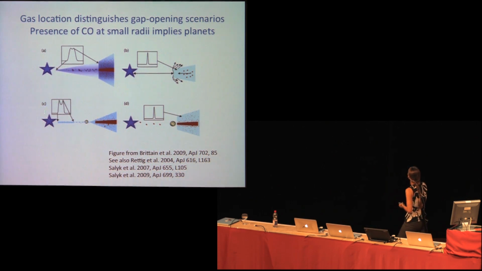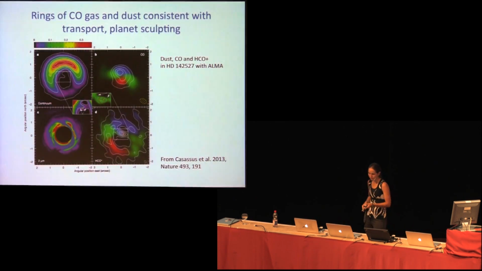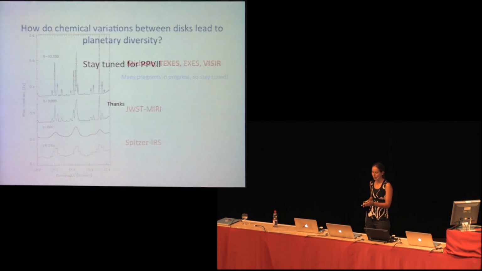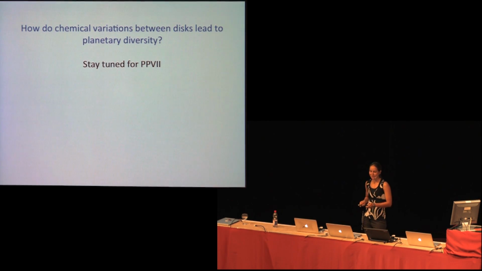And it's the observations of the gas that tell you whether it's a planetary process or not. And I think we're going to continue to see very interesting evidence for the interaction between gas and dust due to planetary growth. Okay, so thank you very much.